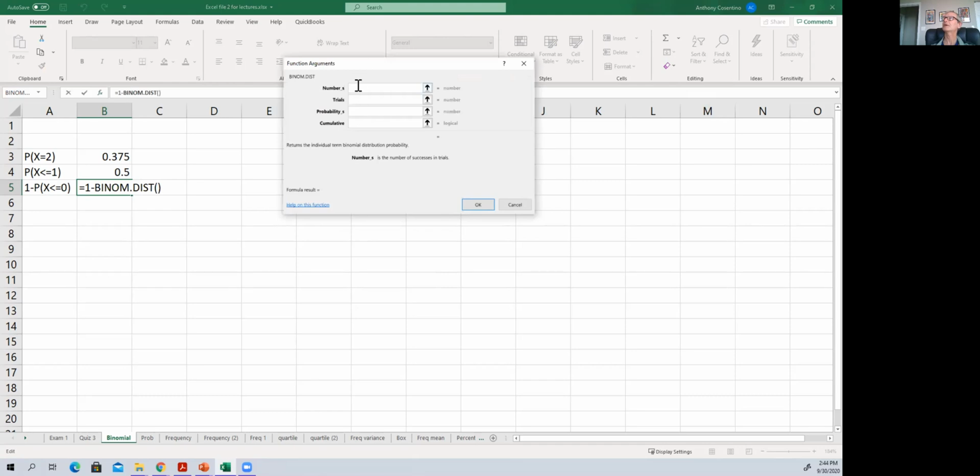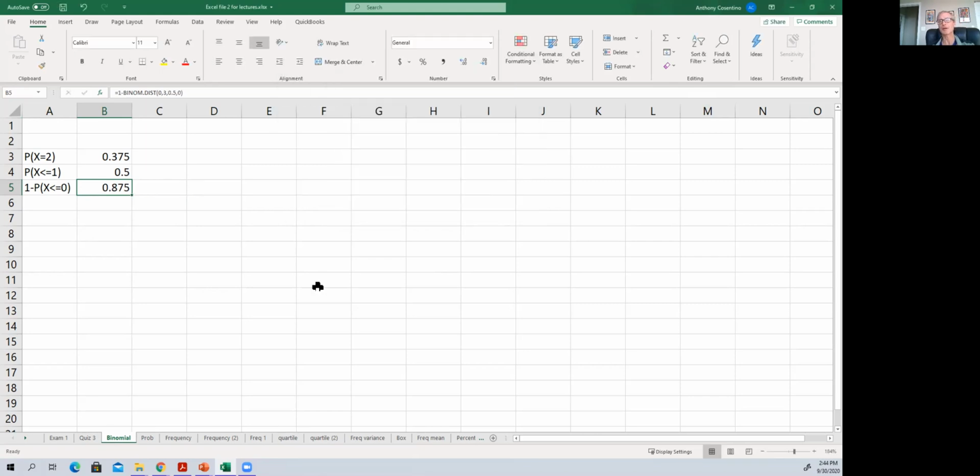And so in this case, trials again here would be 0. There's 3. Their probability is 0.5. And if we do 0, you would see that that gives you 0.125. When you subtract it from 1, you get 0.875.